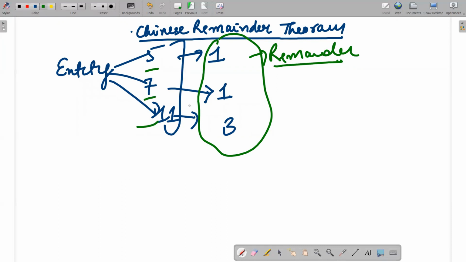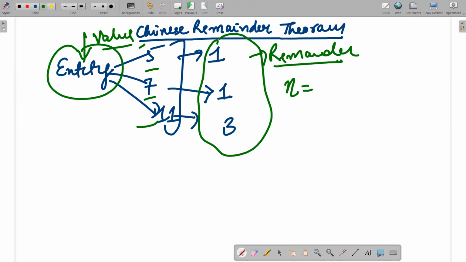Now, the important point is: what is the value of this entity if this answer is coming? This is calculated by a particular formula, where we have n. Because the remainder is 1, if I'm dividing among 5 people, I get the remainder 1.